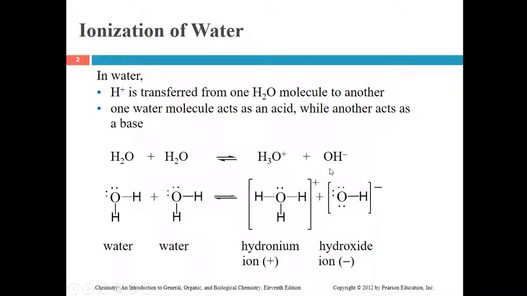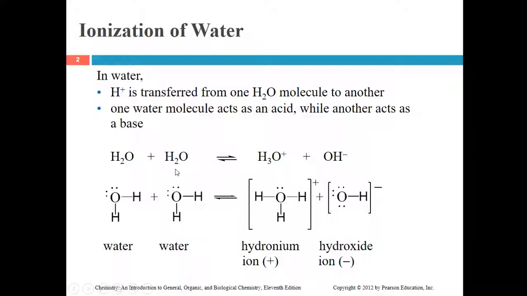So in a neutral solution of water, we're going to have equal amounts of hydronium ion and hydroxide ion. Now you may go, oh my goodness, so water's doing that? Well, yes, but not a lot. Remember, when we have these frontwards and backward arrows, equilibrium, that means it doesn't all go to completion; some of it happens and some of it is going to be on the left-hand side.